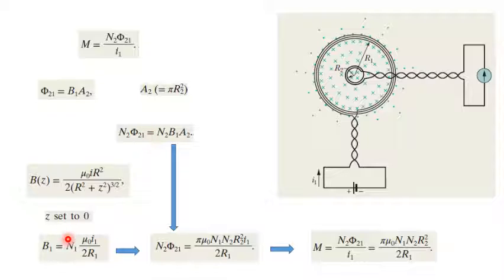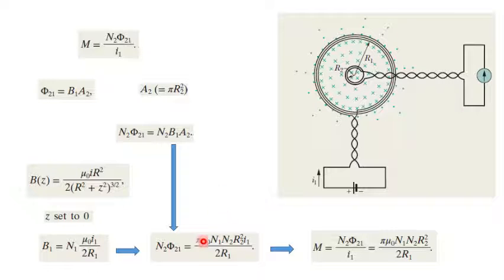So we collect these pieces together to find that N2 phi 21 would be N2 multiplied by N1 multiplied by mu naught multiplied by I over 2R1, multiplied by the area, pi R2 squared. So this is the flux linkage from coil 1 to coil 2.